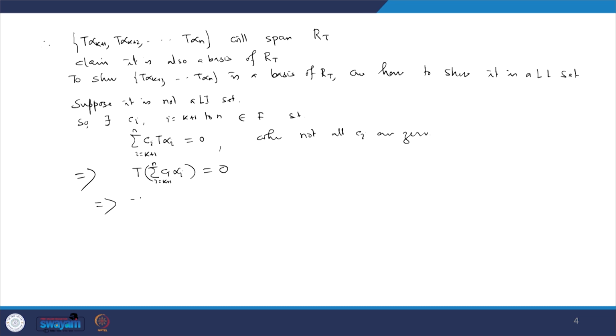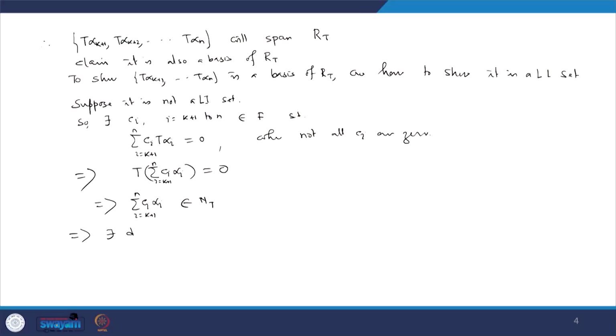So, this implies sigma c_i alpha_i, i equal to k plus 1 to n, belongs to the null space, because of the definition of null space. So, since it is an element of N(T), I will be able to express it as a linear combination of the basis elements of N(T).